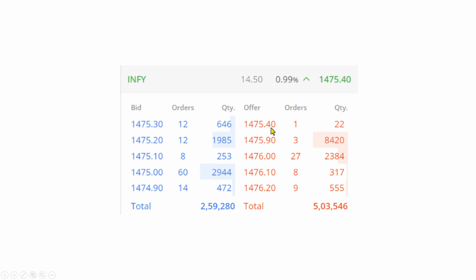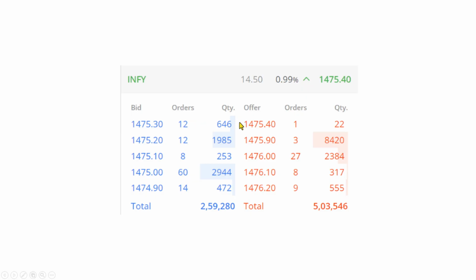Or when there is a buyer who is ready to pay this much, then a trade will happen. So when there is a match between this and this, a trade happens.